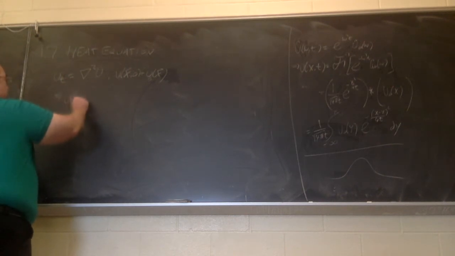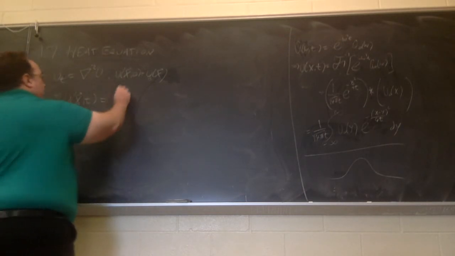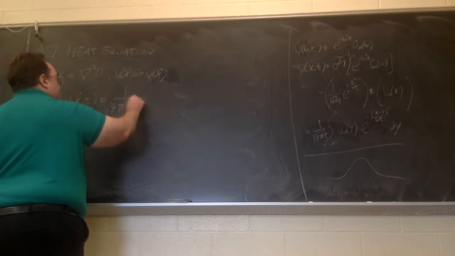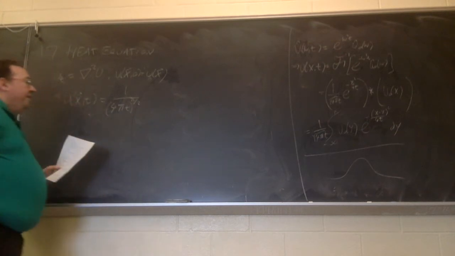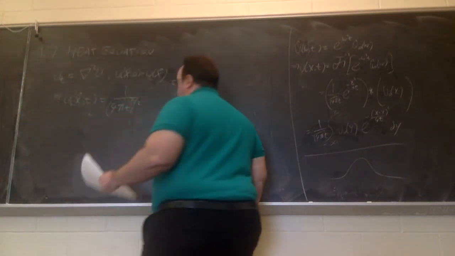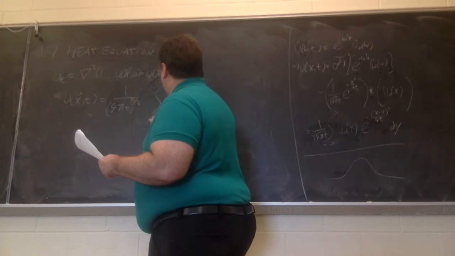It just has to be generalized to higher space dimension. So it's going to be an integral, still have this factor 4 pi t, but instead of the square root, it's to the n over 2 power. And that just comes from the definition of the n-dimensional Fourier transform. And then I have an integral over all of R n.